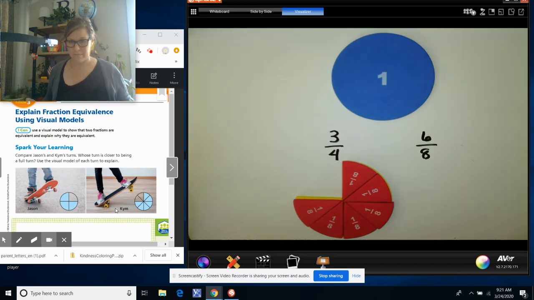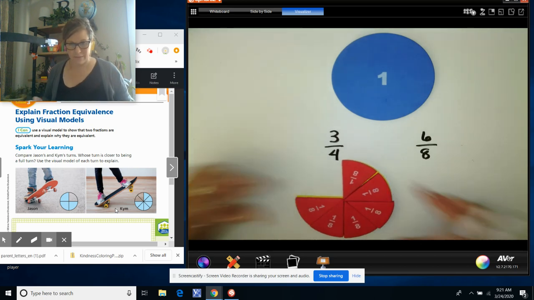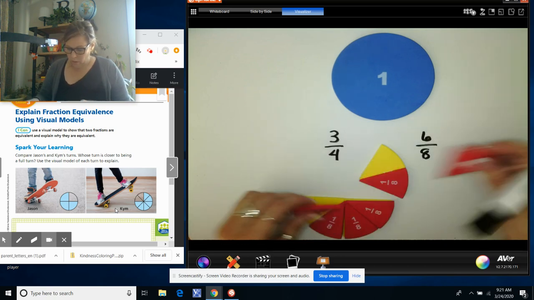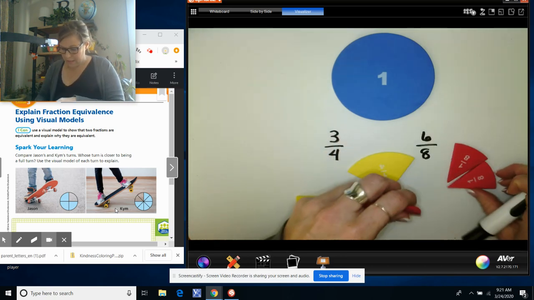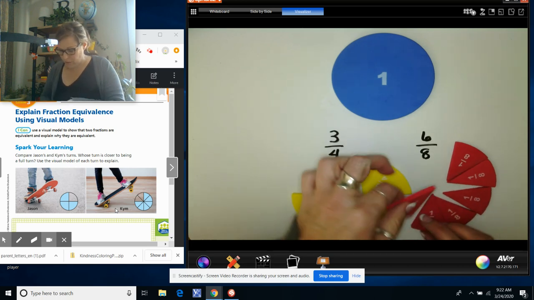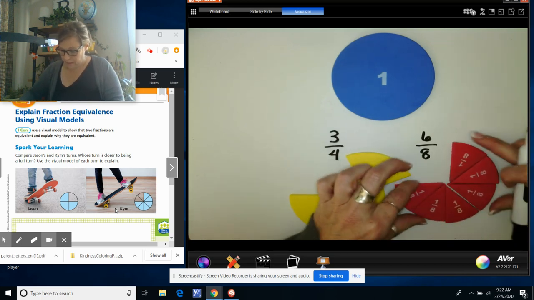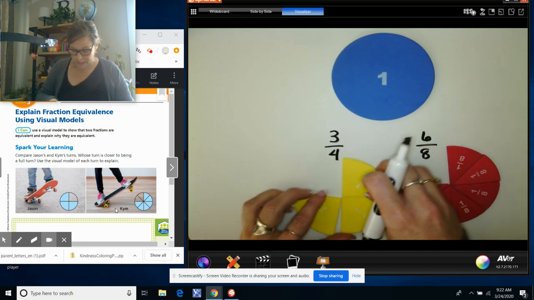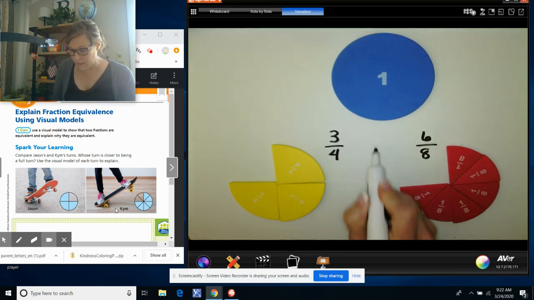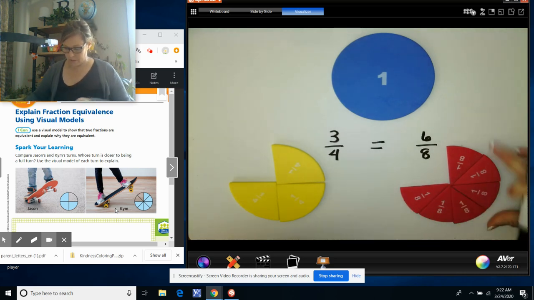And you notice they're exactly the same. Even though the whole is broken into different parts, it doesn't mean that they're going to be at different amounts. They can both be the same. And in this case, we know that 3/4 is equal to 6/8.